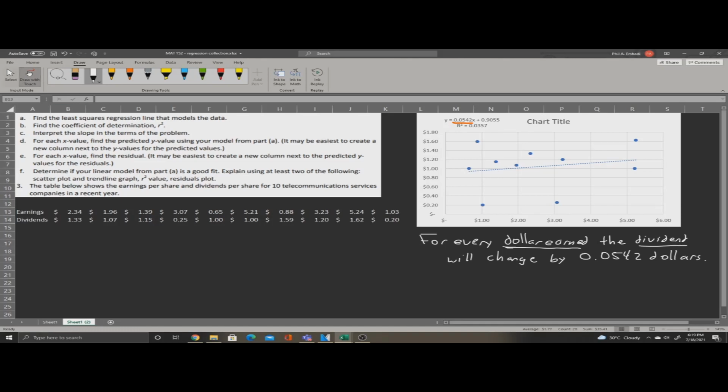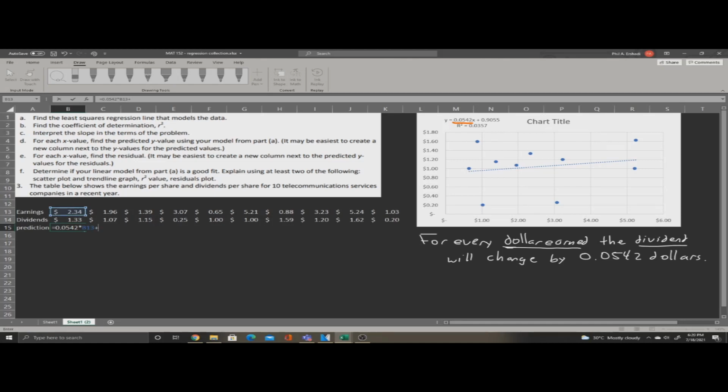Once again, we can try to make predictions based on this trend line that Excel gave us. We'll put a row for prediction. We'll say equals 0.0542 multiplied by x, but we can't type the letter x. Instead, we click on the earnings.